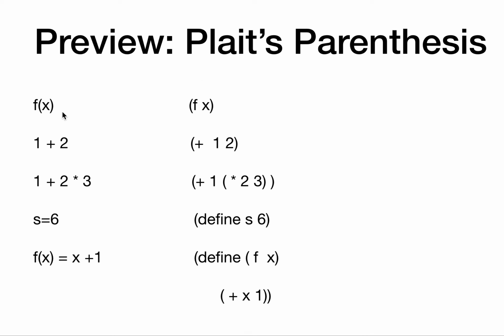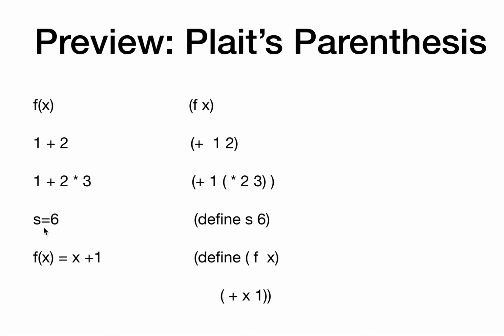Look at the parentheses. This is the prefix notation that is used for the Plait language. For the function f with the argument x, it is in parentheses: f and x. That follows the rule for addition. The operation plus is a function that will be applied to numbers 1 and 2. Similarly, the expression 1 plus 2 times 3 will be shown in Plait inside the parentheses as plus 1, and the second argument is a multiplication of 2 and 3.